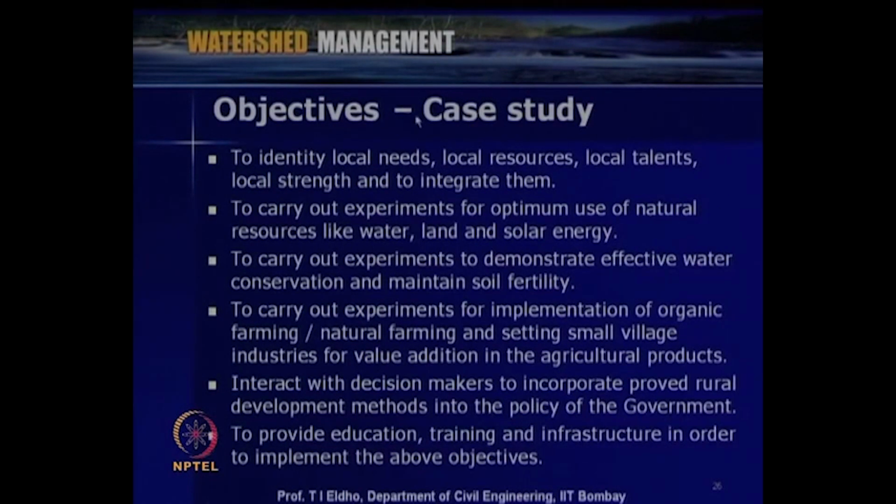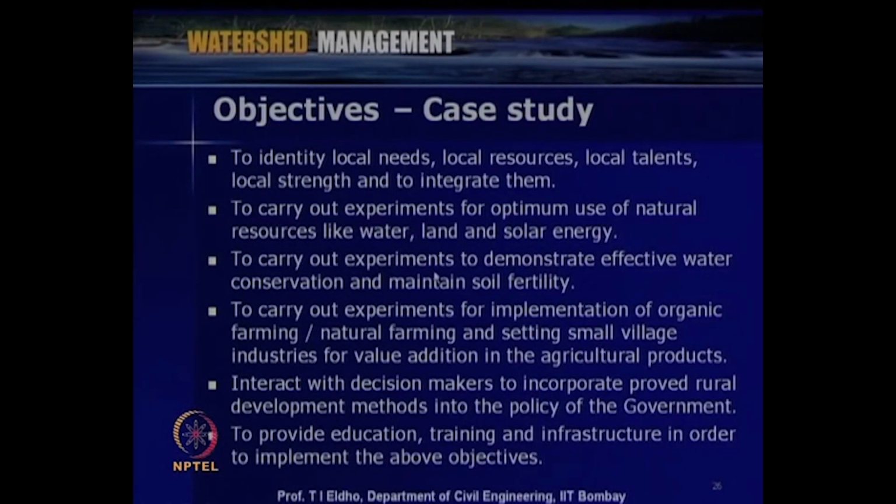So, here the main objectives of this Pani Panchayat project were to identify local needs, that means village level, then local resources, local talents, local strength, and to integrate them. So, whatever is available within that village or within that particular watershed, the organizers were trying to integrate. Then to carry out experiments for optimum use of natural resources like water, land, and solar energy.